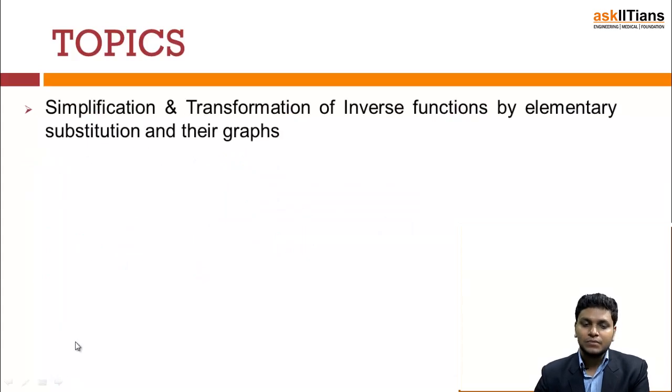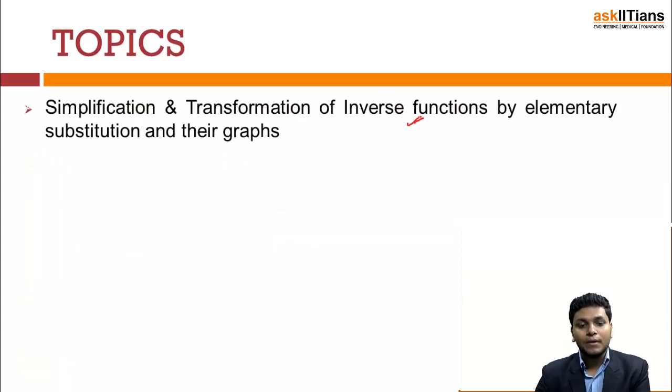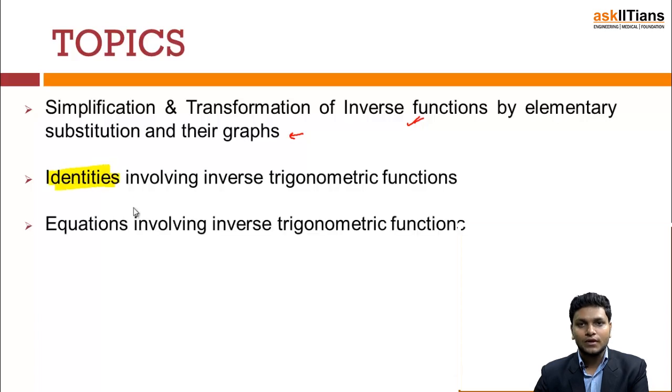After that, we'll have simplification and transformations of inverse functions using elementary substitution and the help of their graphs. Then we'll use identities involving inverse trigonometric functions and find the properties we can cater with them.